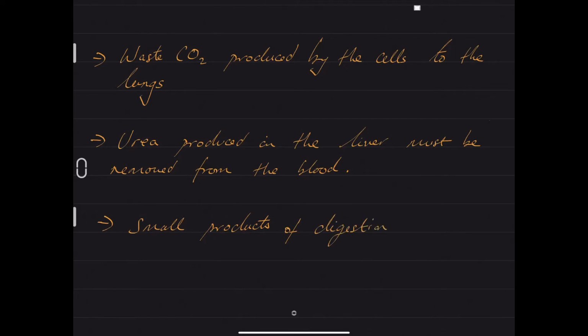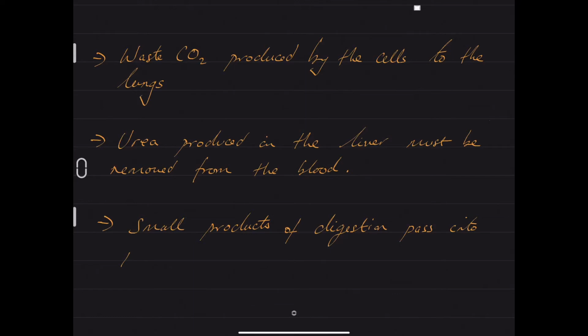Now we looked at digestion in the previous lesson, and the products that were produced by the breakdown of mechanical and enzyme action, these small products of digestion pass into the plasma. The microvilli where the nutrients were being absorbed had a larger blood supply.